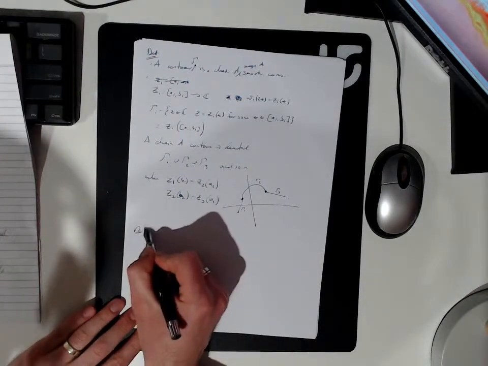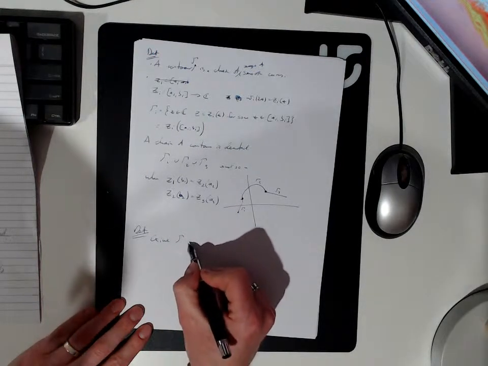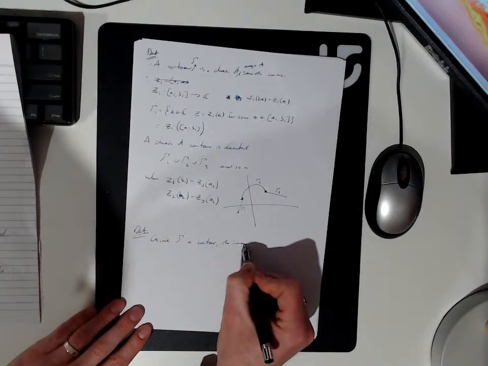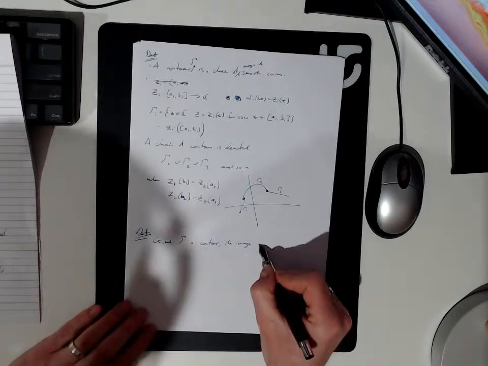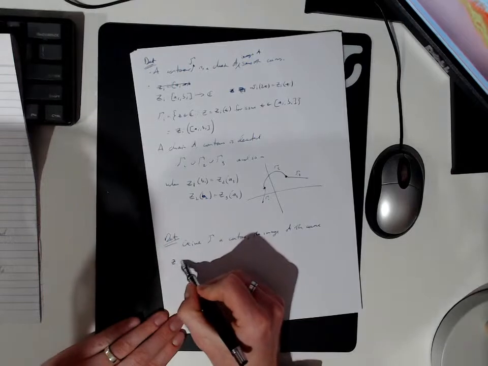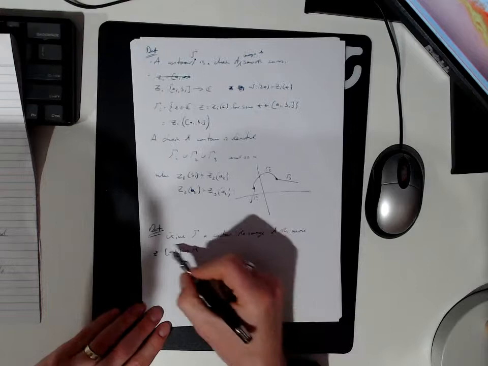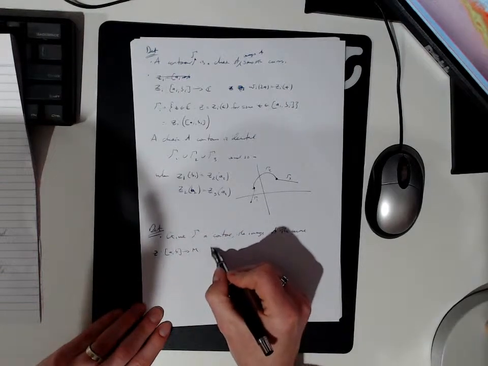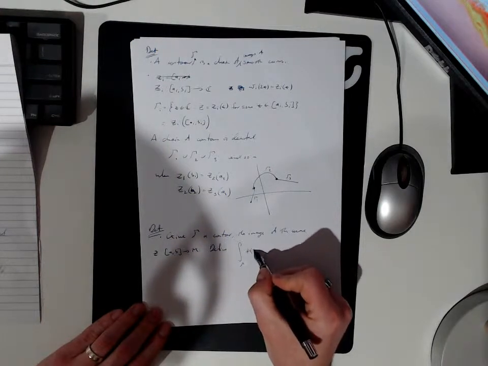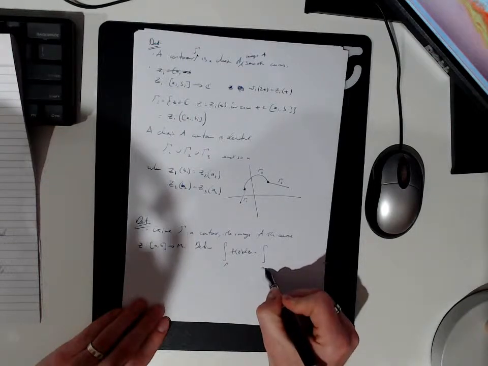Right, definition. So given gamma, a contour, the image of the curve z from [a, b] to the complex numbers, you define the integral over gamma of our function f(z) dz to be equal to the integral from a to b.